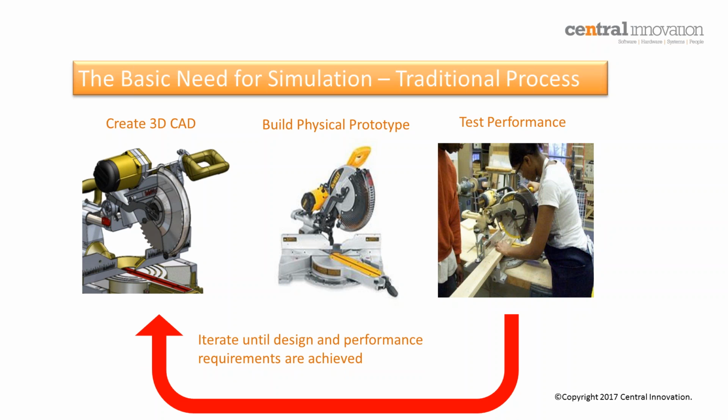Any problem we identify in the test performance stage, all this procedure needs to be repeated. It means we have to modify our design, rebuild or modify the physical prototype and test it again. And this serial loop gets repeated more and more until we get the final result as desired.